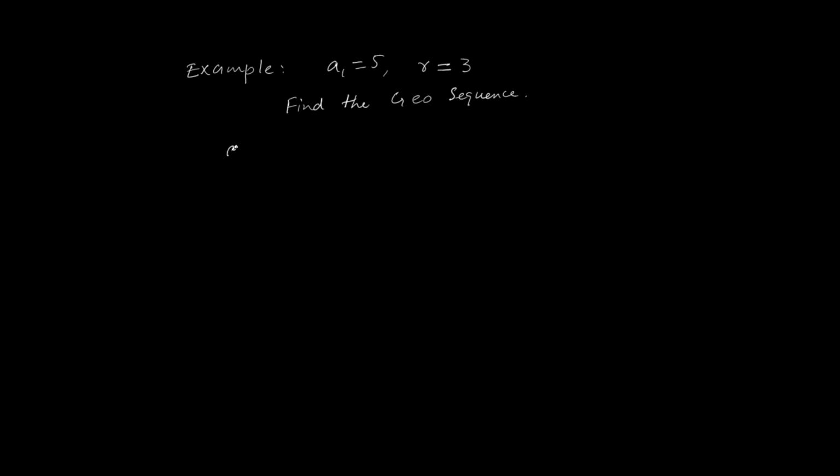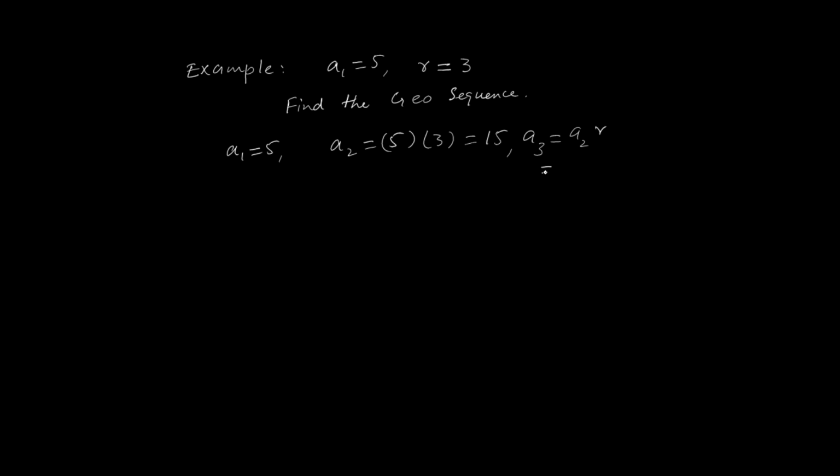So the first term is 5, the second term will be the first term multiplied by r, which is 15. And the third term will be the second term multiplied by r.